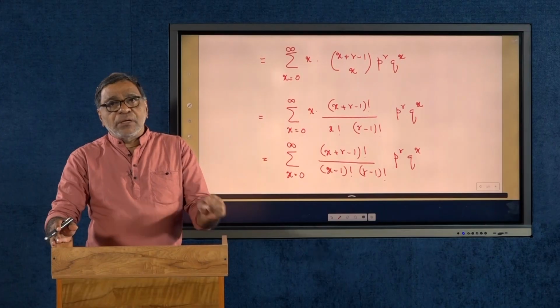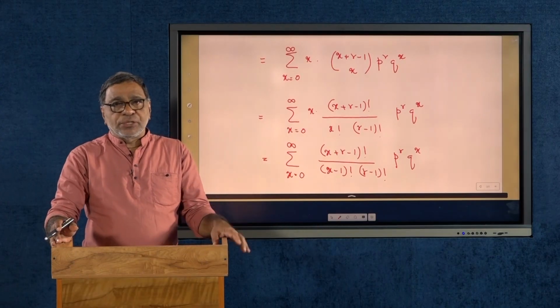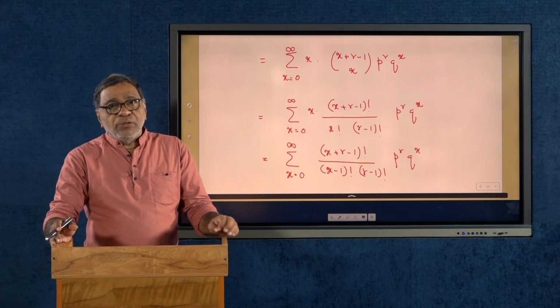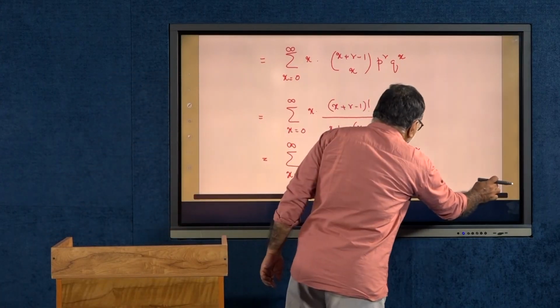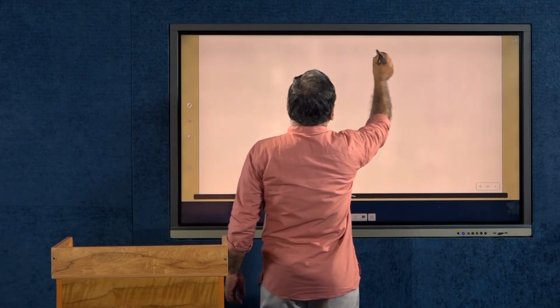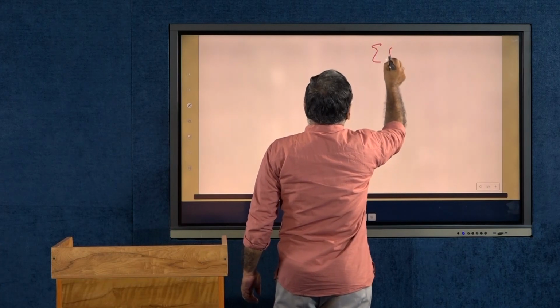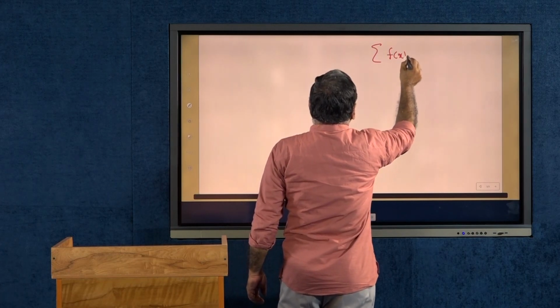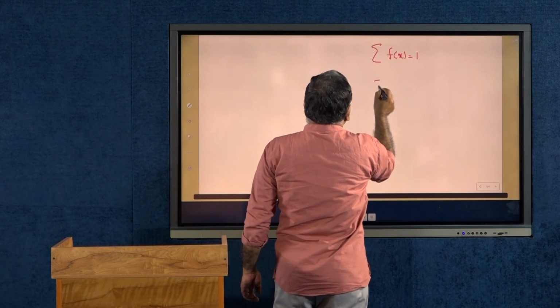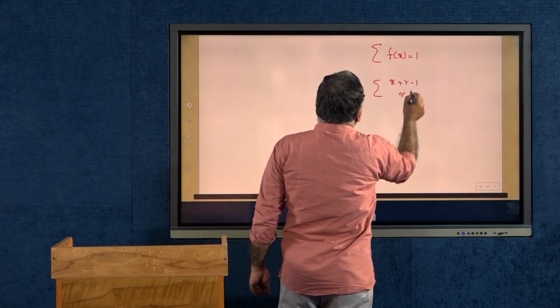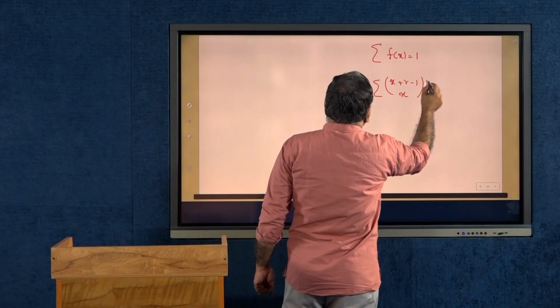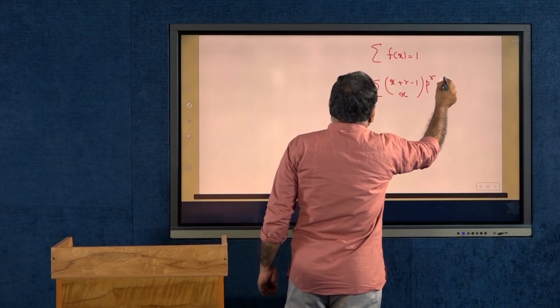Now, to get the sum of this expression, we make use of the concept of the negative binomial probability mass function. You know, sum of f of x is equal to 1, and that is sigma x plus r minus 1 c x p power r q power x.